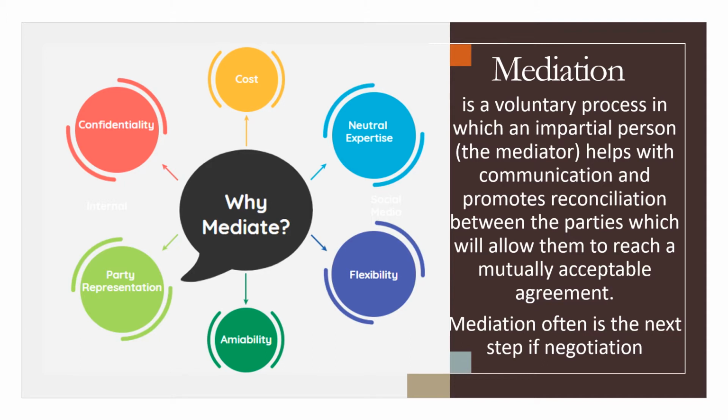The mediation process is a process whereby an impartial person tries to help them to resolve their problems. He will try to reconcile them, especially when they are not on talking terms anymore. They are not communicating with each other. So his purpose is just to help them to reach a mutually acceptable agreement.